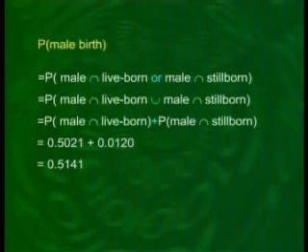This is equal to 0.5021 plus 0.0120, and that is 0.5141. Hence, we realize the very important relation between the joint probabilities and the marginal probabilities, and that is that in any row or any column, the sum of the joint probabilities is equal to the corresponding marginal probability.